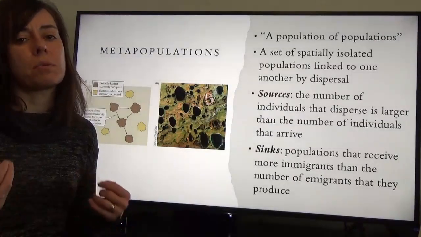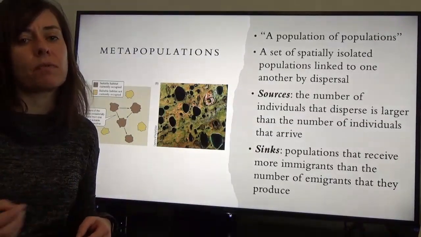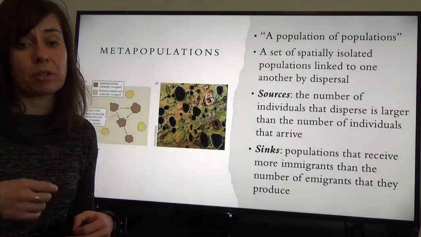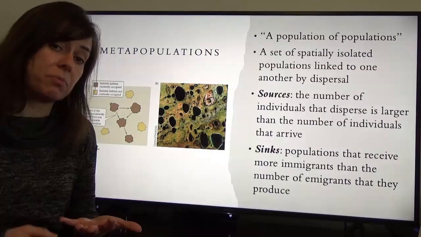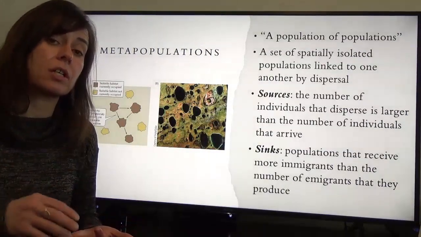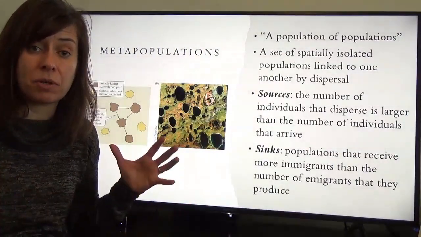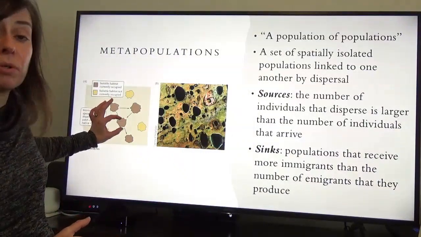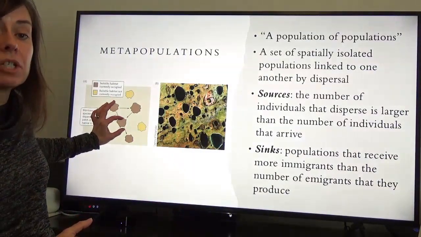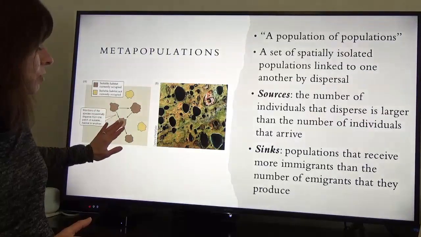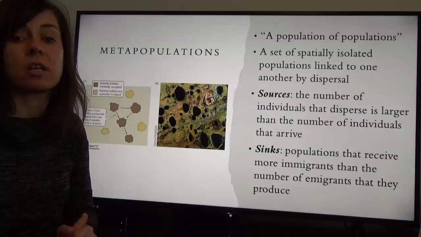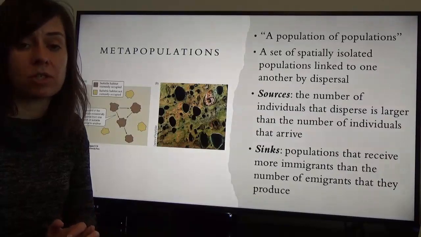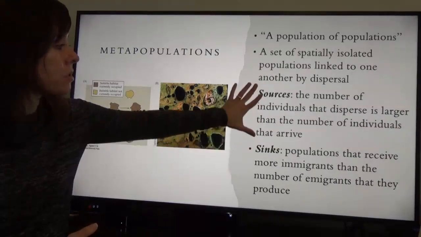That leads to higher reproductive rates and the ability for more individuals to emigrate from that population. Okay, so high birth rates in a particular patch can lead to greater emigration to find new habitats. Again, if you have a single patch and your birth rates are high, eventually that patch is going to get crowded, and it's going to be in your best interest to try to find a new patch where population densities are not so high. So these are source populations.